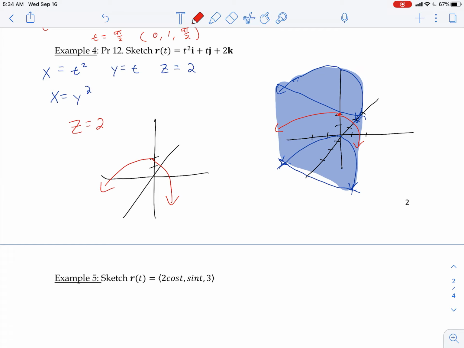You could have easily done that, but I just wanted to show you how we combine two components to create a surface, and then whatever third component we didn't use is going to help us actually draw what the curve looks like. So the two components create a surface. And that's it. That's the answer. And if we wanted direction, I have it going both ways, but the direction as t is increasing would go in that direction.